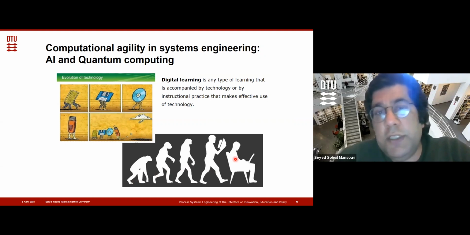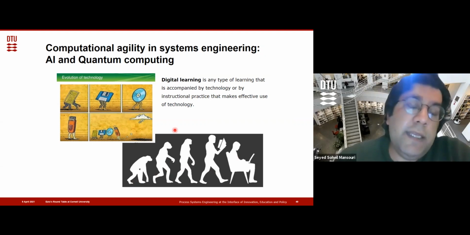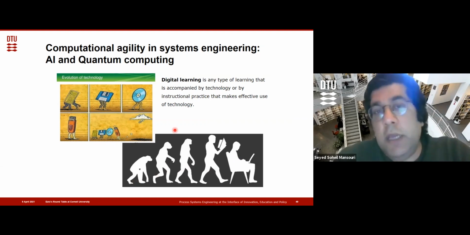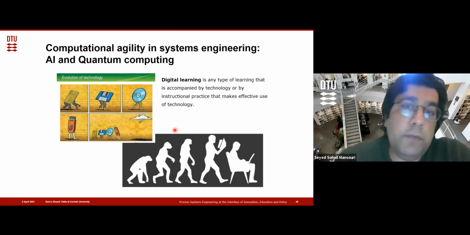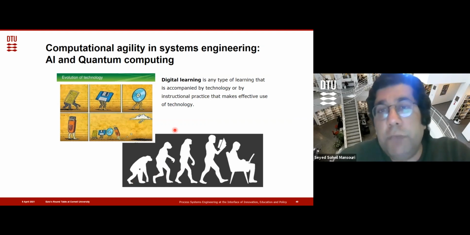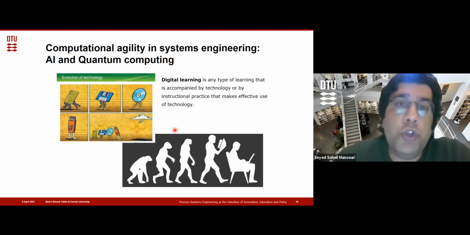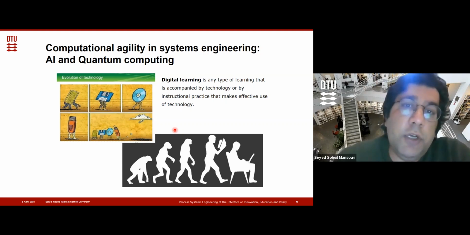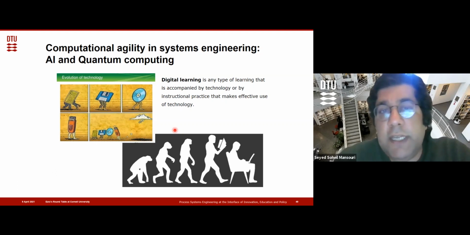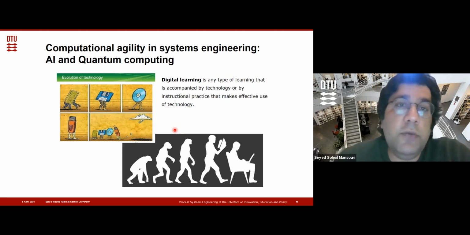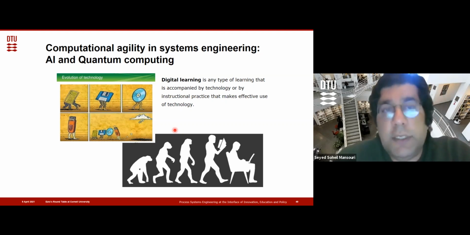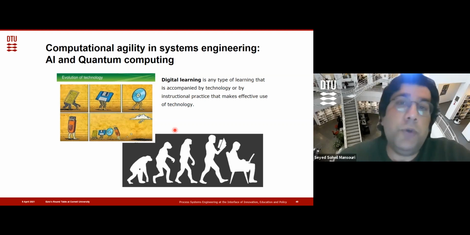If technology is evolving at a fast pace, we also need to evolve from a learning point of view and provide means for current and future generations to learn about these technologies, so that we can have the required highly specialized workforce to leverage these technological advancements in future.